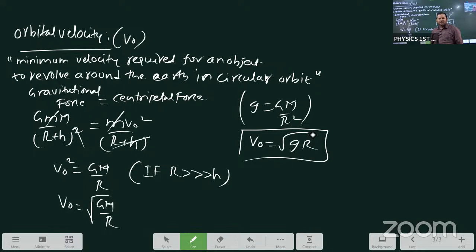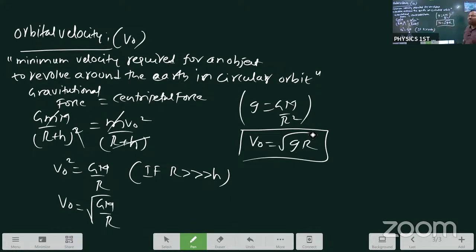Definition: what is orbital velocity? Derive the expression for orbital velocity. From gravitation you are reading 4, and from that 4 you can get 1. Orbital velocity came in the recent annual examination. Sometimes repeated questions come, student, and the answer is easy. That's why I gave this orbital velocity explanation.